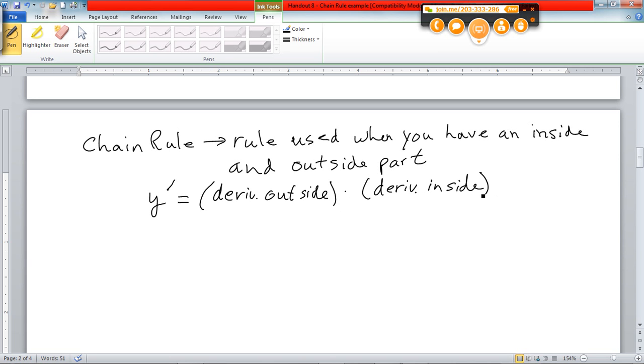That's the chain rule. Like I said, not in technical terms, but that's what it is. Derivative of the outside times the derivative of the inside. And then, of course, special note here, on this part, the inside part stays the same.